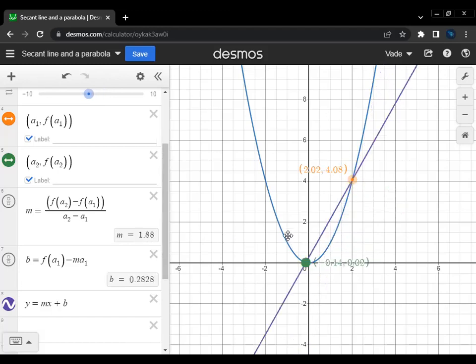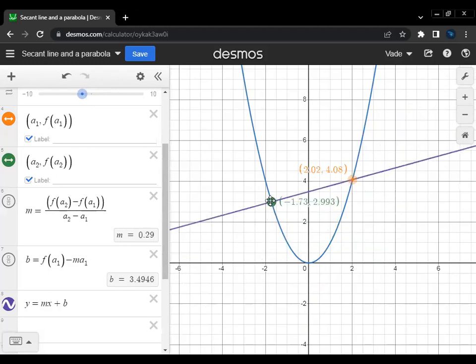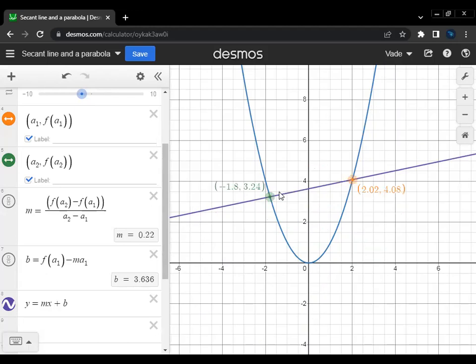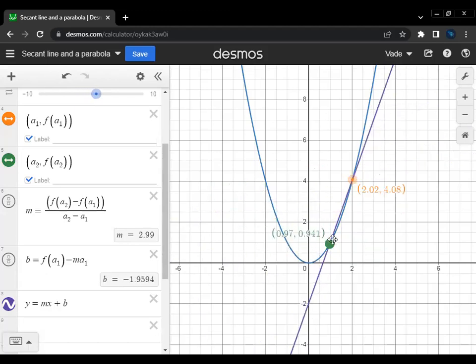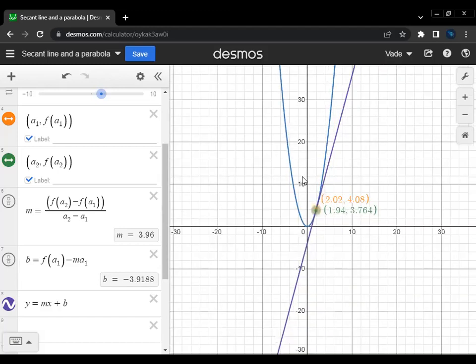So what did you observe with this line? We start from here, which is a secant line. What happens to the secant line when the green point approaches the yellow point? Does it already look like a tangent line when we zoom in?